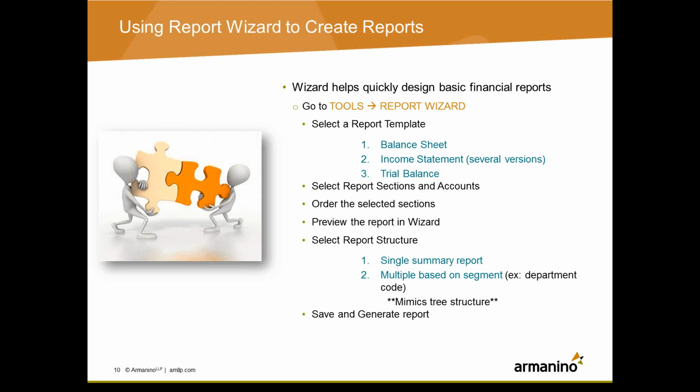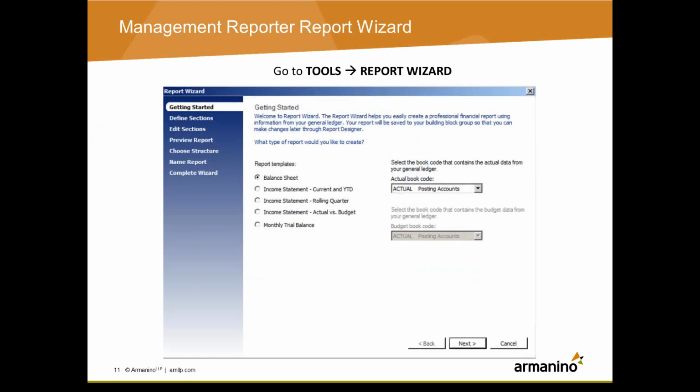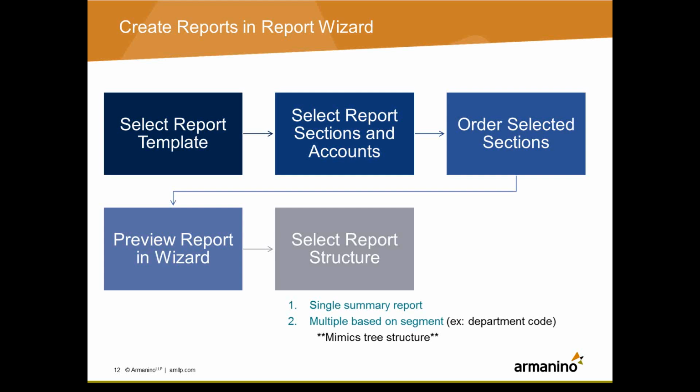Okay. And again, of course, you would save and generate your report. So this is just to give you a screenshot, a visual of what the Report Wizard looks like. And you can see here the balance sheet, the 3 income statement options, and the monthly trial balance option. Okay.